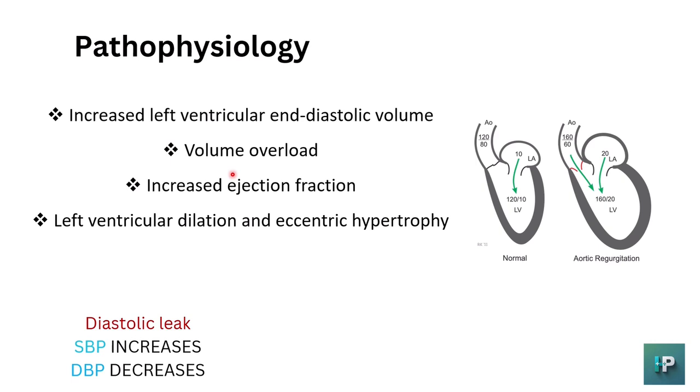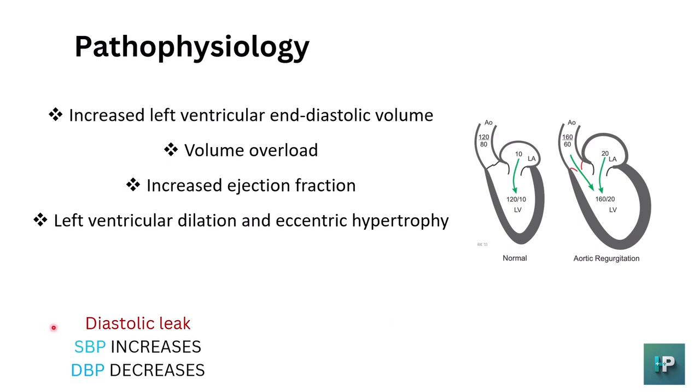And due to the increased volume, more volume is ejected out, so increased ejection fraction. And due to this increased volume, the chamber size increases, left ventricular dilation, and to push out the increased blood, there will be hypertrophy, eccentric hypertrophy.